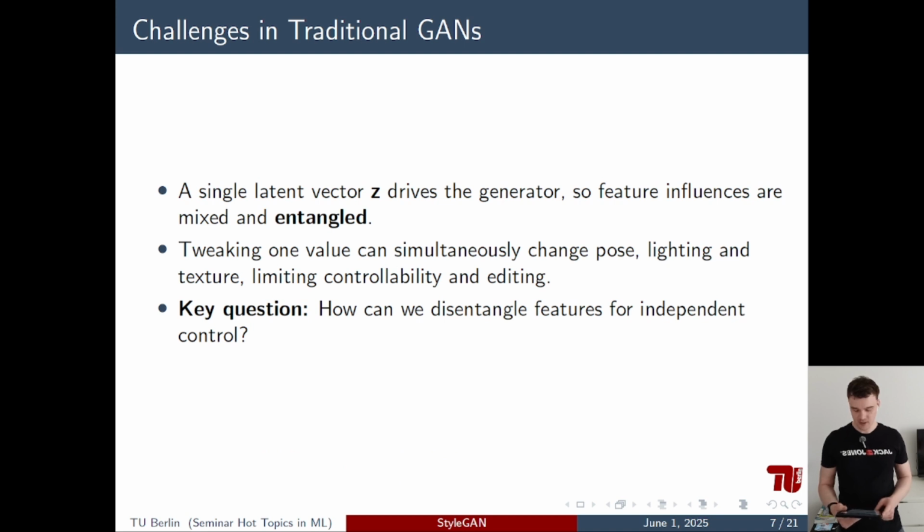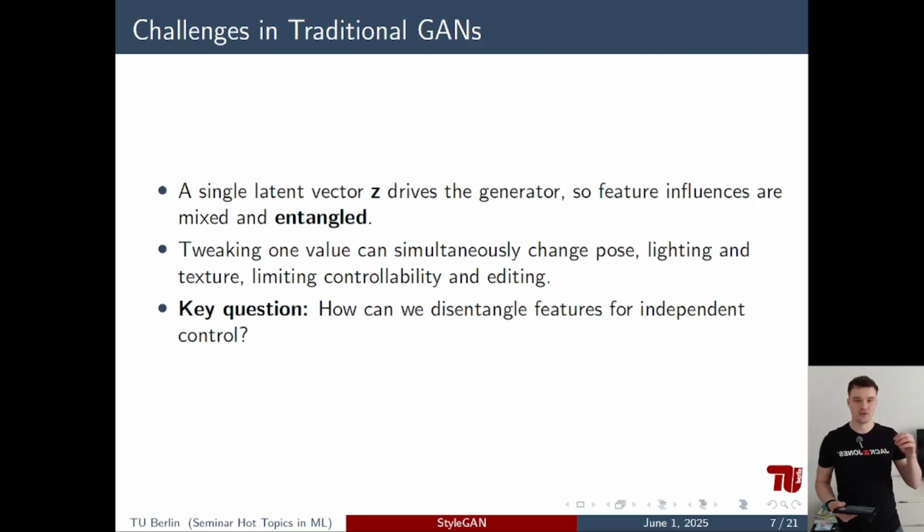There we have a single latent vector Z that drives the generator, so feature influences are mixed and entangled. It means that if you slightly change the direction of this vector Z, then you can get a completely different image. And yeah, tweaking one value can simultaneously change pose, lighting, and texture. Like that's what I was talking about.